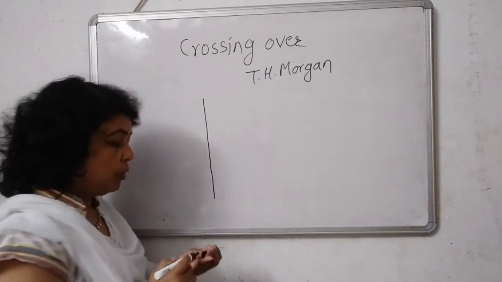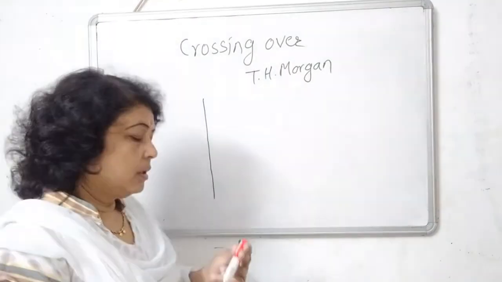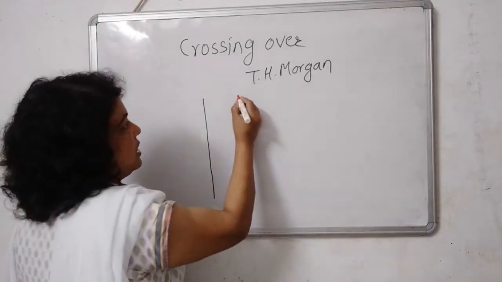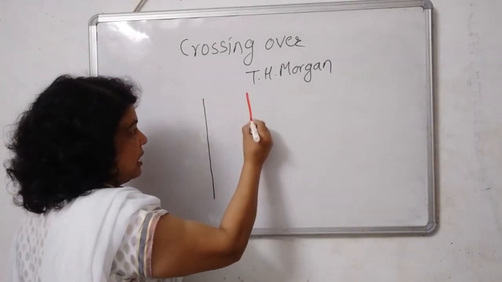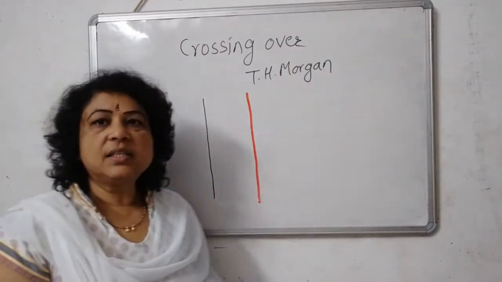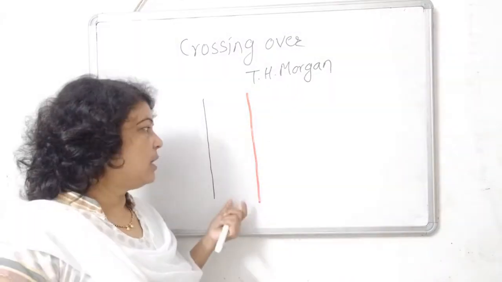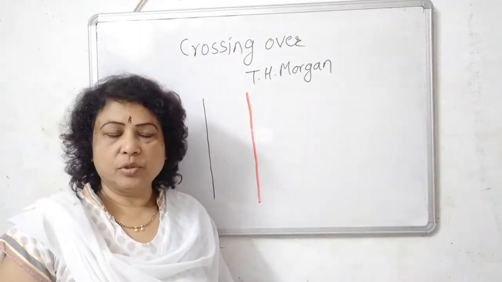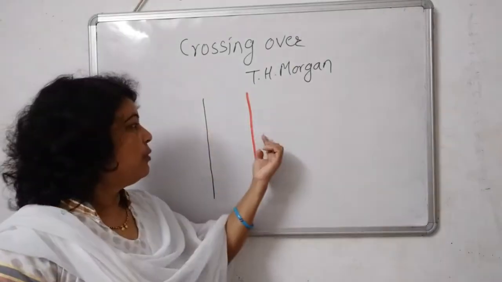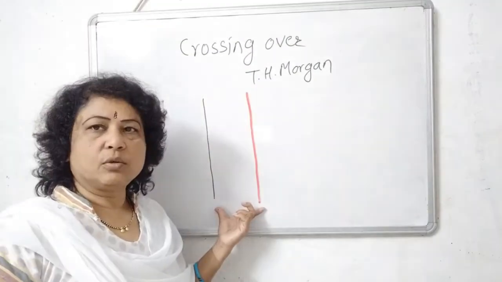Homologous chromosomes are chromosomes which have similar types of genes present on them. One is from the mother, one from the father.